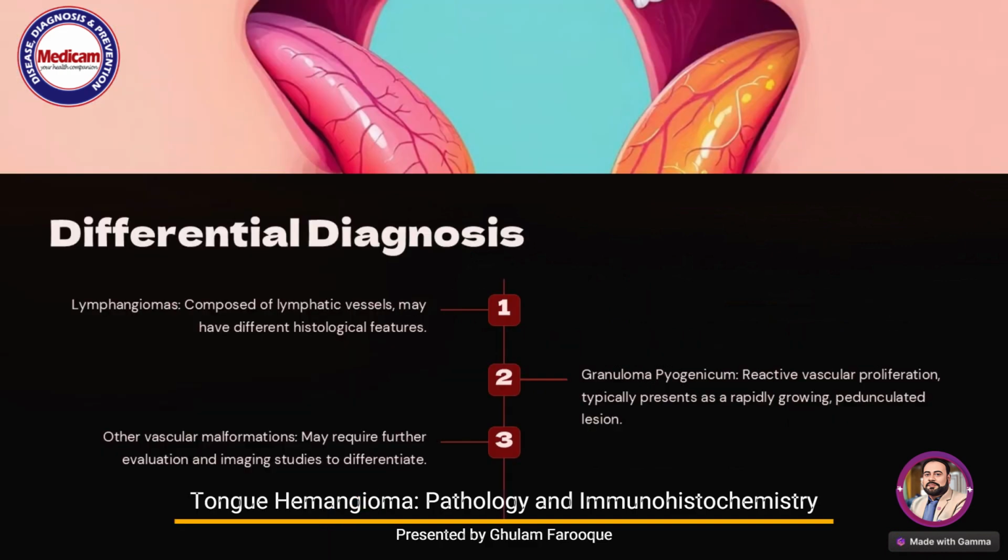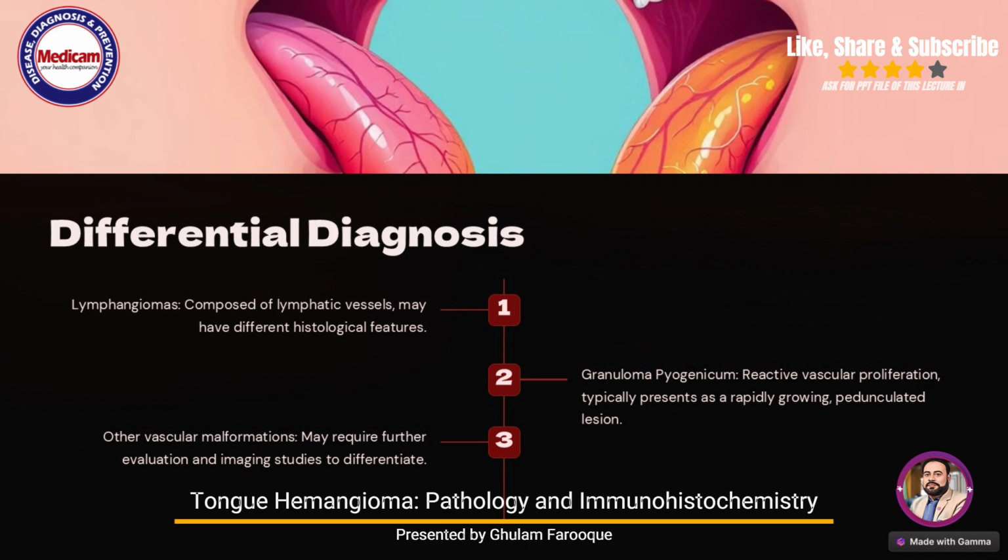Differential diagnosis: lymphangiomas, granuloma pyogenicum, and other vascular malformations. Lymphangiomas are benign lymphatic malformations with thin-walled, endothelial-lined cystic spaces, commonly found in the head, neck, and axilla. Granuloma pyogenicum, pyogenic granuloma, is a lobular capillary hemangioma presenting as a rapidly growing, red, friable lesion, often triggered by trauma or hormonal changes.